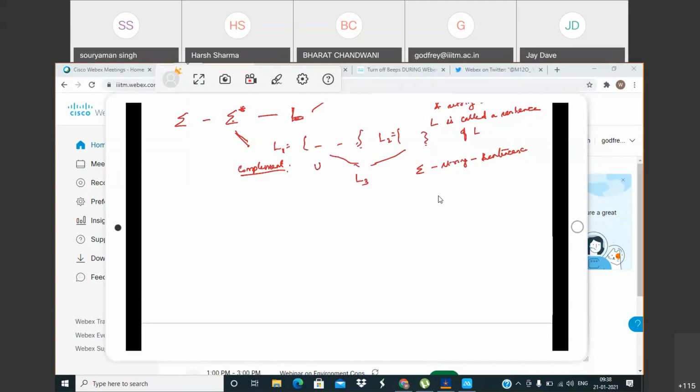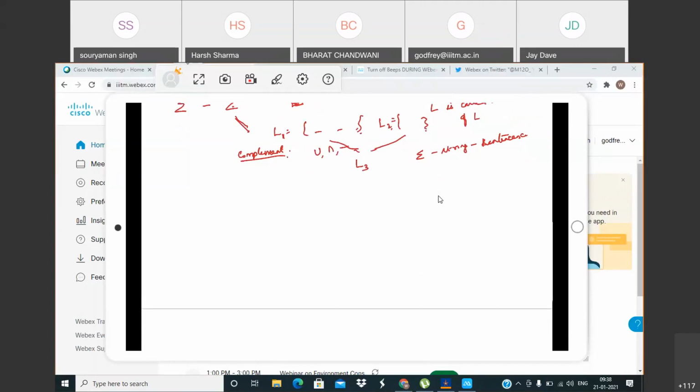You may perform a union, intersection or difference, because both are sets, so all the set operations can be used to define the third language. Similarly, we may also define the complement.